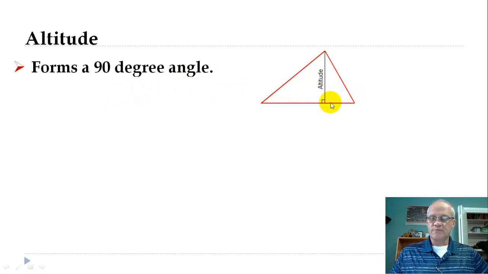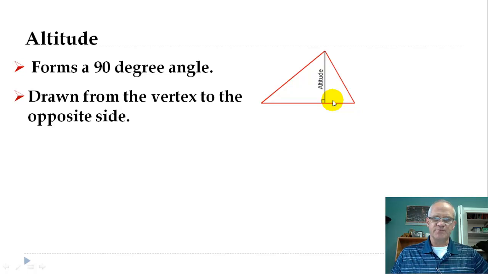But you notice here, according to this diagram, these two are not equal sections over here, so this is not a perpendicular bisector. What makes it different is that it goes to the vertex of the opposite side. So it's 90 degrees, but it goes to the vertex. It's not in the middle of this side, but it's whatever it takes to get to the vertex. But the key thing to remember there is the 90 degrees.